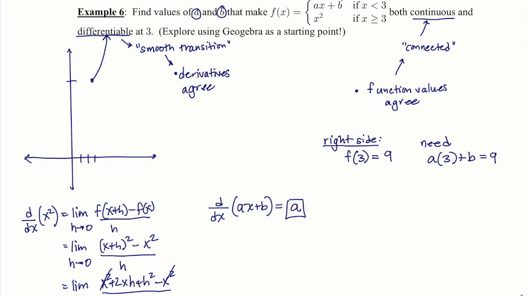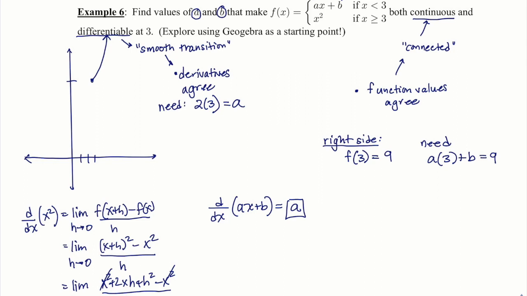And for the derivatives to agree, we need the derivative at the right, which would be 2 times 3, to be the same as the derivative on the left side, which would just be a. Excuse me, just a, because the derivative is a, not a times x, right?